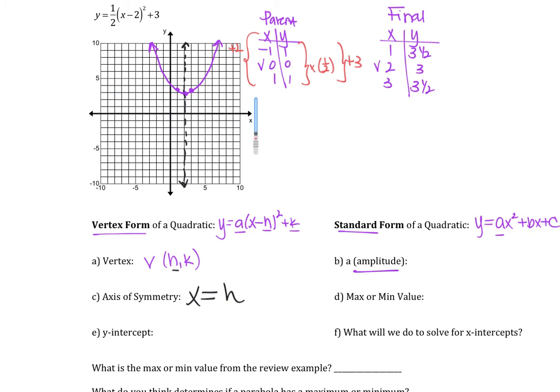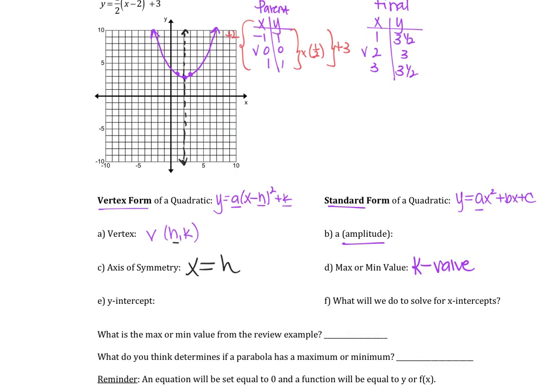So there's no maximum or minimum value for the x's, but for the y's, they're dipping down until they get to this vertex, and then they're going back up. So the lowest value we have on this parabola is 3. And for us, that is the k value of the vertex.